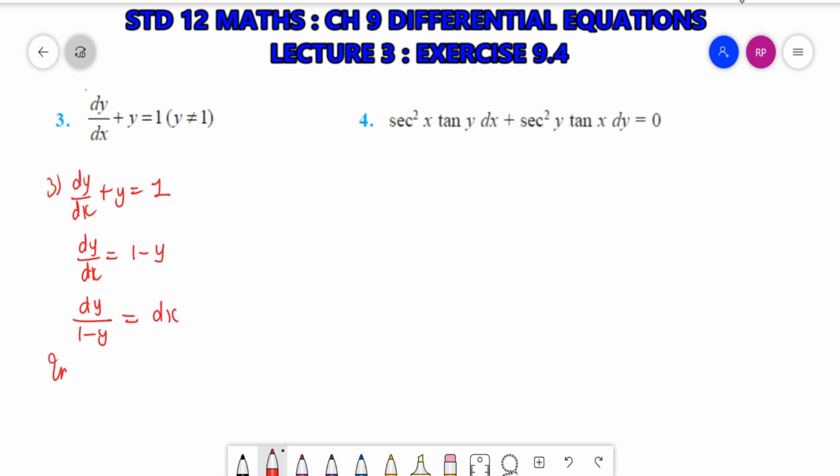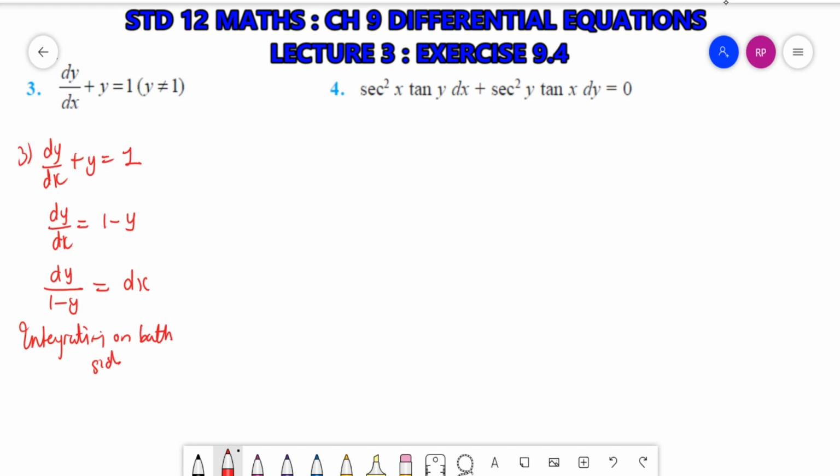Now let's integrate on both sides. We get integration of dy upon 1 minus y equals integration of dx. Now integration of dy upon 1 minus y will be log of 1 minus y, but y is multiplied by minus 1, right? So it will be minus log of 1 minus y, and that will be equal to x plus c. Clear? Integration of dx is x.